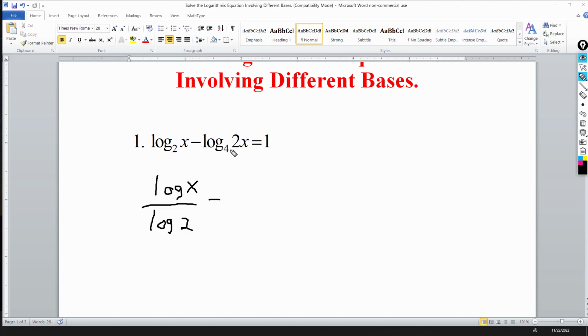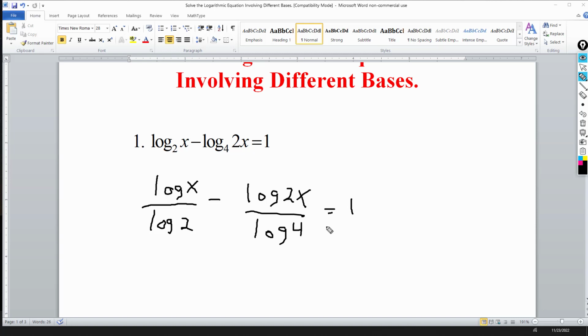So I could rewrite this one as the log of 2x to base 10 over the log of 4 to base 10 equal to 1.